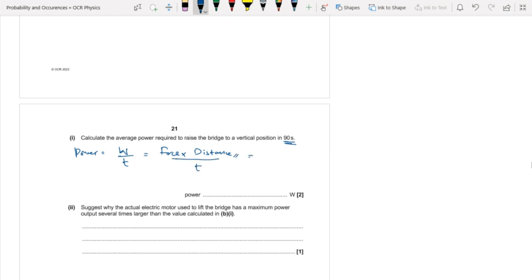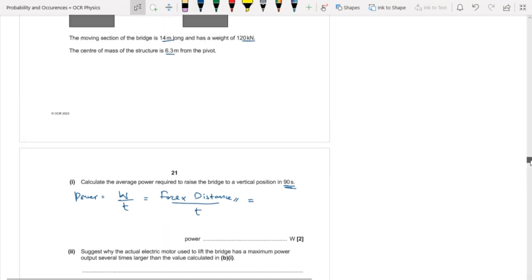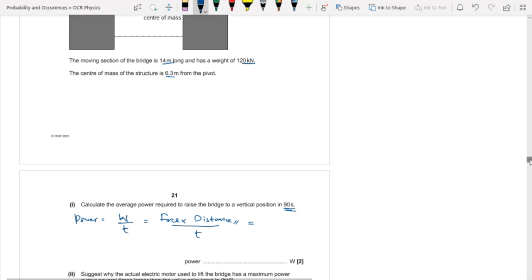So force is given to us. What were the data? Let us see once again. Yeah. The force is 120 kilonewton, that's acting vertically downwards, multiplied by distance. What is the distance?